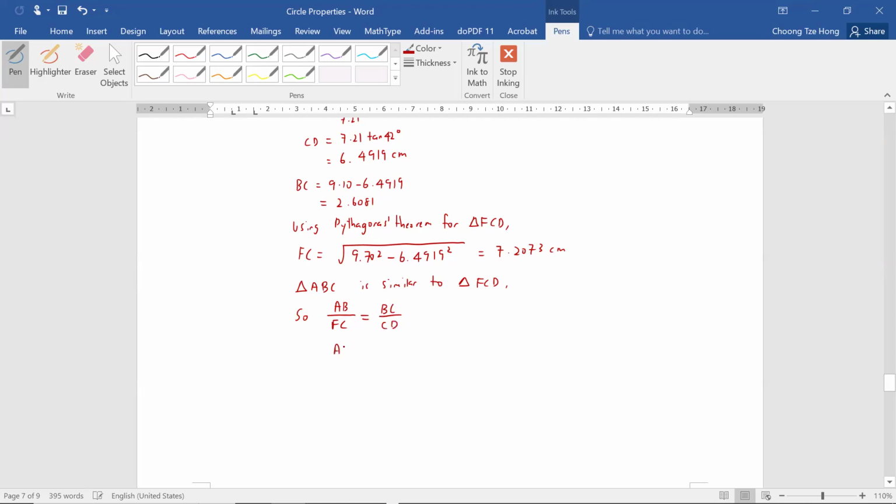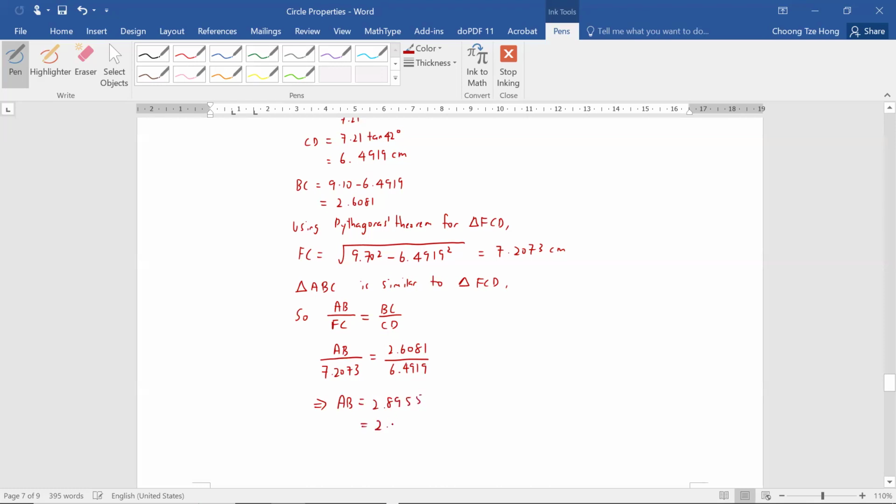Okay, so I just plug in all the values that I found earlier. So AB over 7.2073 equals BC, which is 2.6081, over CD, which is 6.4919. Then if you do the calculation, AB is going to be equal to 2.8955.